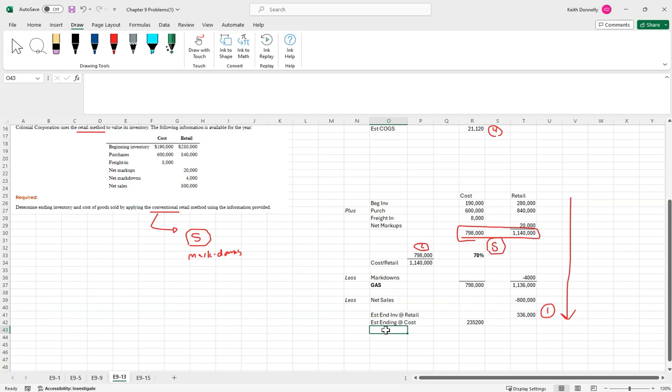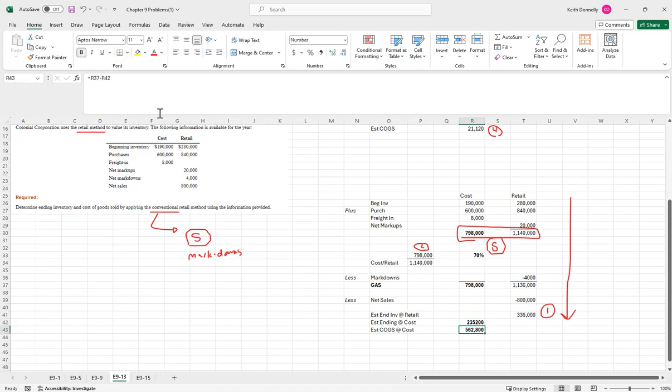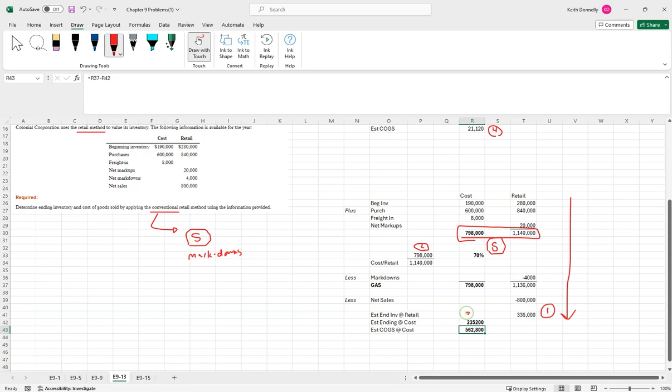Well, if we know our goods available for sale at cost are 798 right there, and we know our estimated ending inventory at cost is 235, then we can figure out our estimated cost of goods sold at cost, which will be the 798 minus the 235. You're looking at 562,800 there. Okay, so that would be step three and then step four.